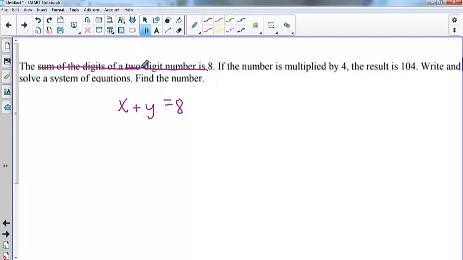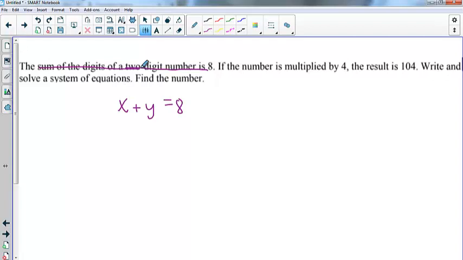If the number is multiplied by 4, the result is 104. So that's like saying if the number was 26, and I guessed the right answer, you take 4 times 26 is equal to 104.